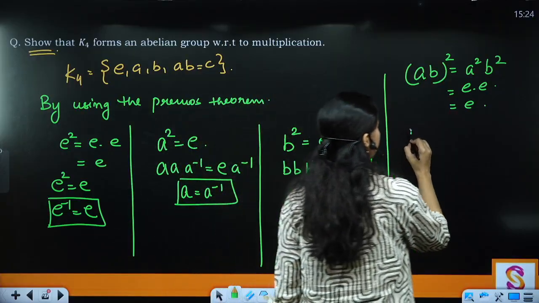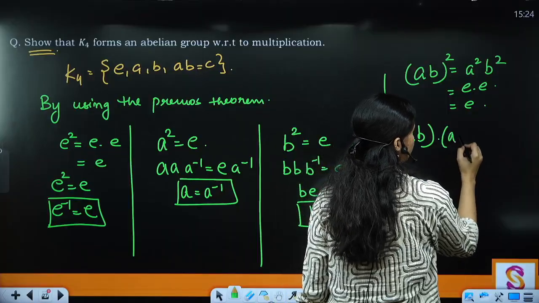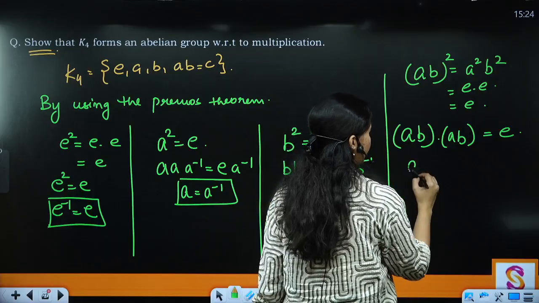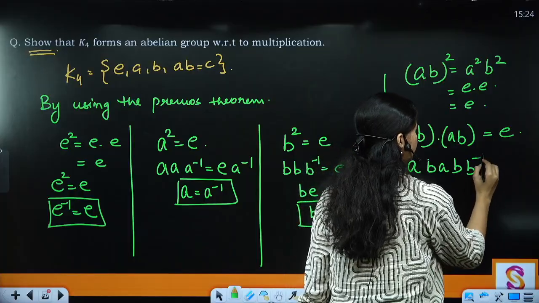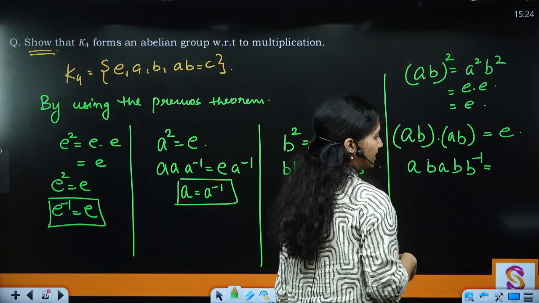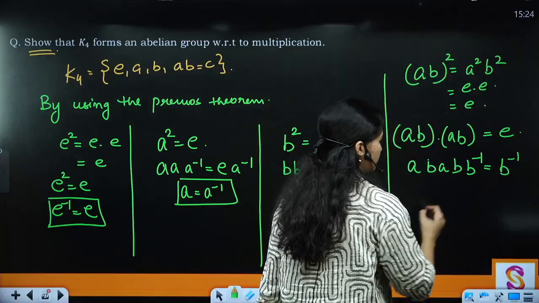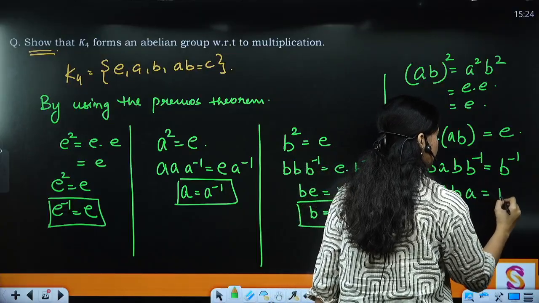So can I write it as AB dot AB equals E, right? Now if I multiply it by B inverse on both sides, I'm going to get E into B inverse, which is going to leave me with ABA equals B inverse.